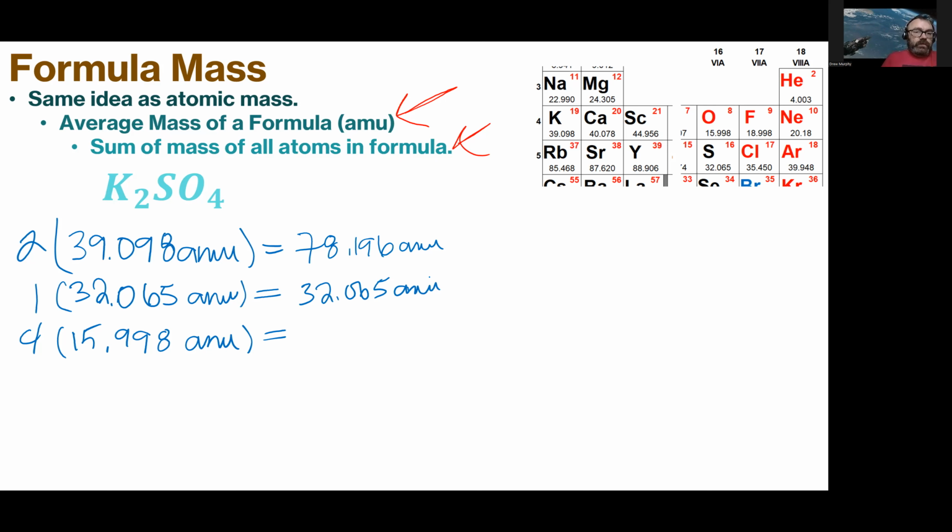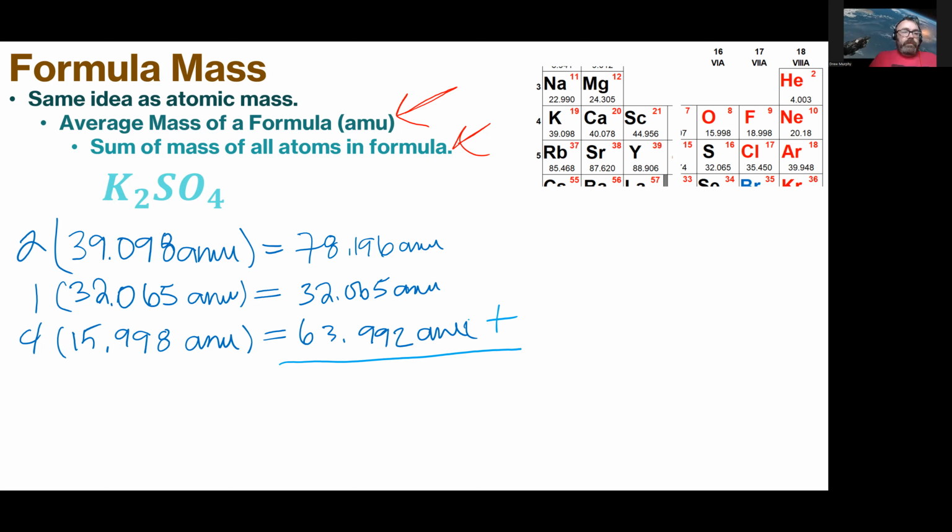And then 4 times 15.998 gives 63.992 AMU. That's step 1. Now we're going to take all this and add it together. That's how I show my work, but you can do the same idea.